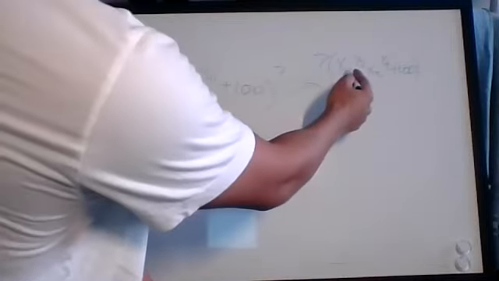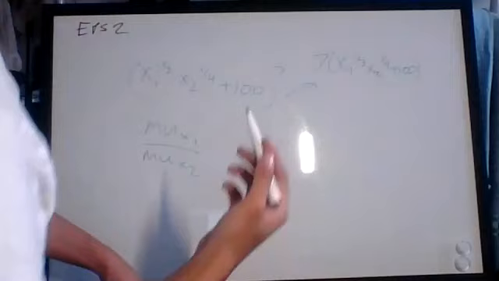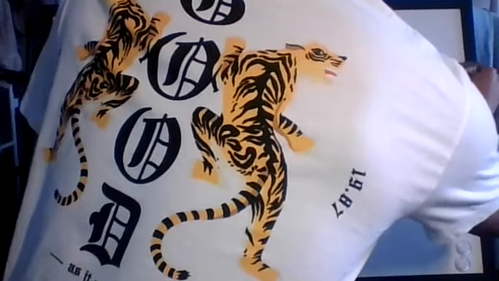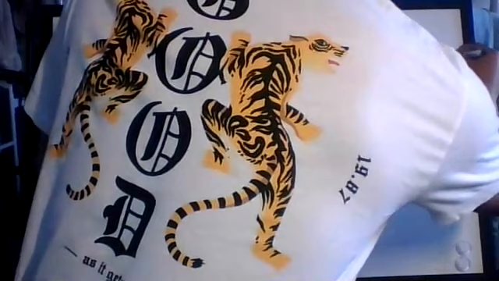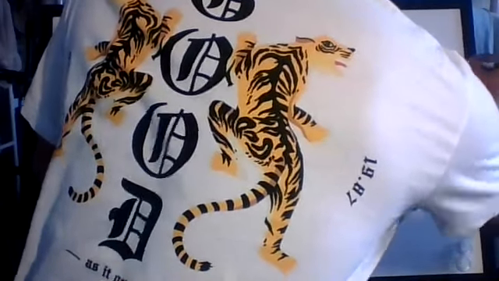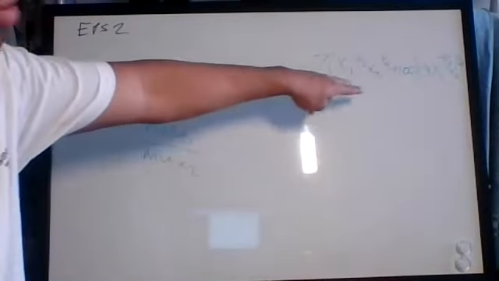And then when I take the derivative with respect to x1, because of the chain rule, this will be equal to 1/3 x1 to the negative 2/3 x2 to the 1/4. And then because 100 is just a constant, that'll just get dropped.